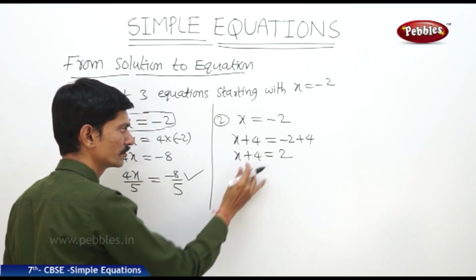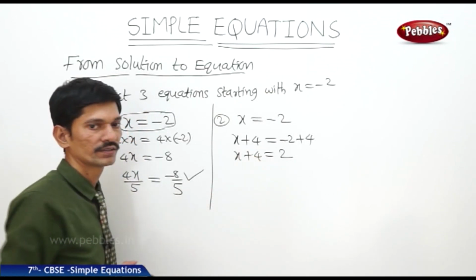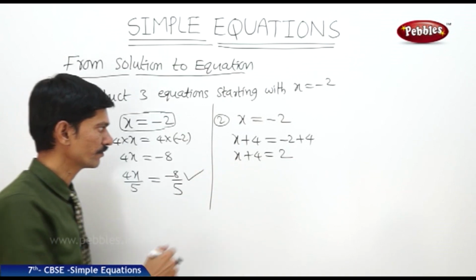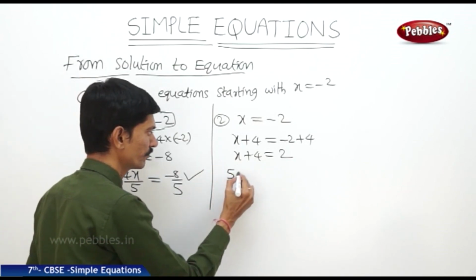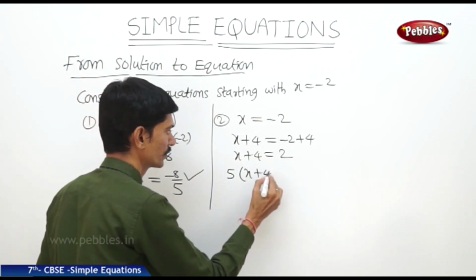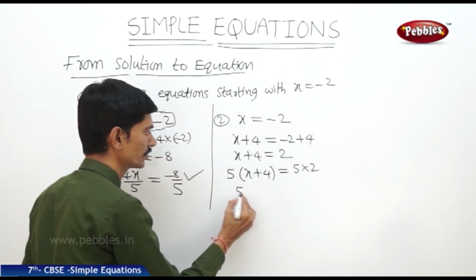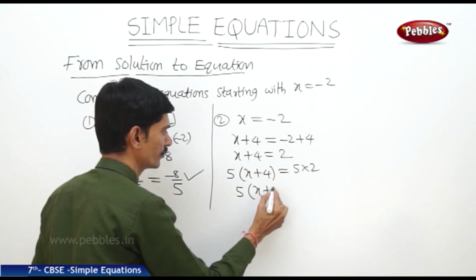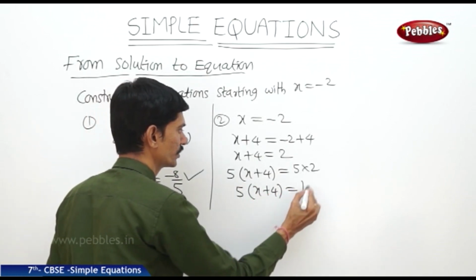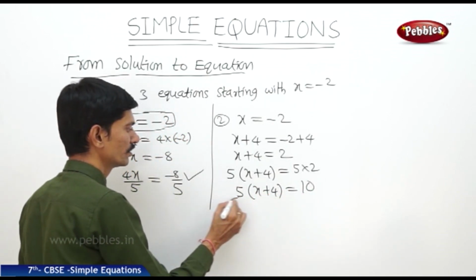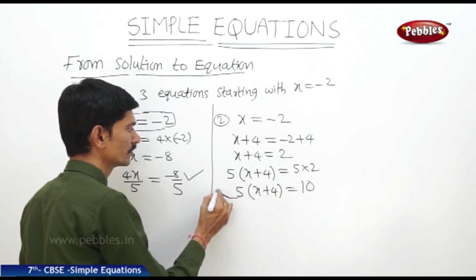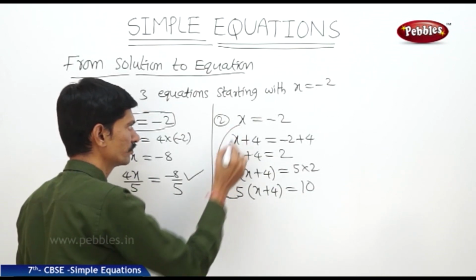Now multiply both sides by 5. So if you multiply both sides by 5, we get 5 of x plus 4 equals 5 into 2. So we get 5 of x plus 4 equals 5 into 2, that is 10. So this is also a simple equation with the solution x equal to minus 2.